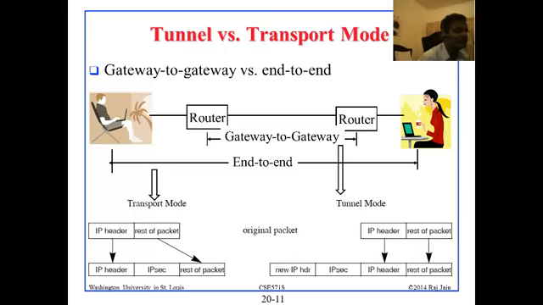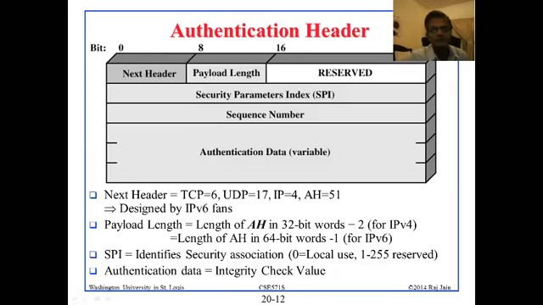Okay. All right. So now you understand the two modes. So let's go into the authentication header. Authentication header starts with the first 8-bit field called next header. Now, I don't know if you guys have ever heard of the word next header before. Does anybody remember hearing next header in 473?